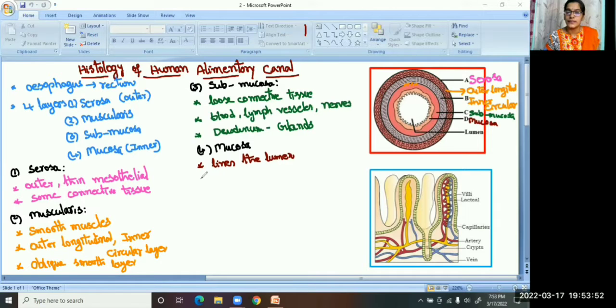In the mucosa, we observe irregular foldings in the stomach region, which are known as the rugae.